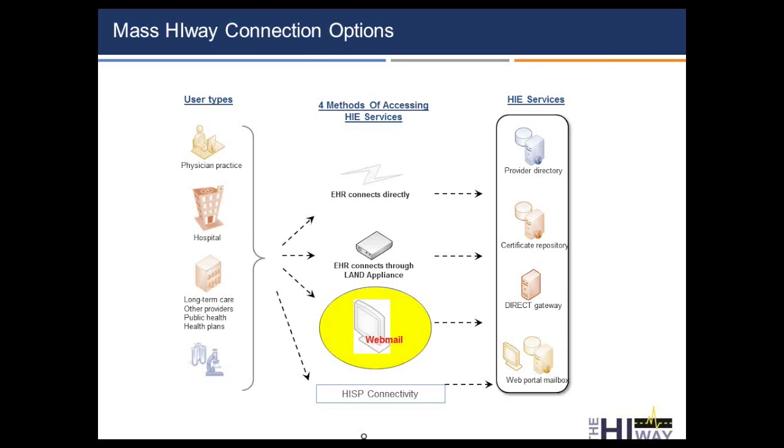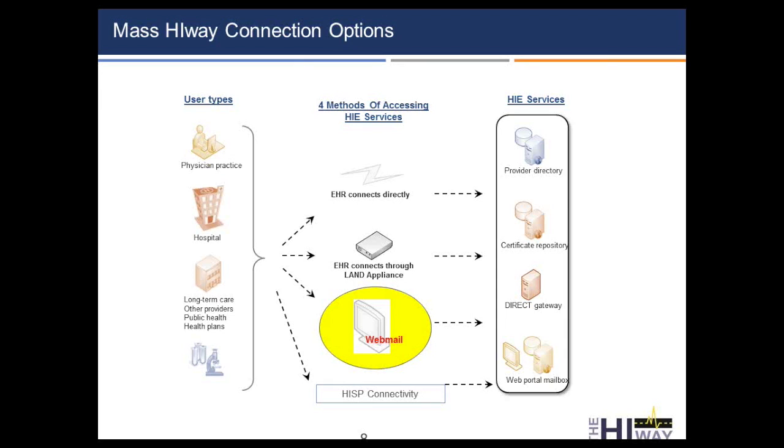And the third, but not the least, is Webmail, a very simple, direct address-based communication for users who can simply log in and send secure messaging, which they may not be able to do today using their regular mailboxes. And the fourth one is for those who have already been a member of other HISP organizations. For those of you who don't know, HISP is a health information service provider.